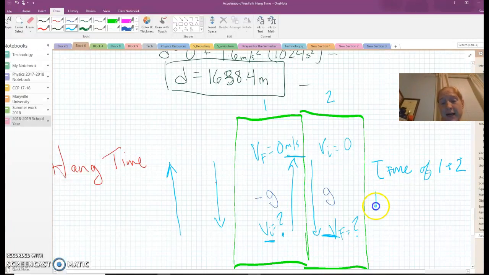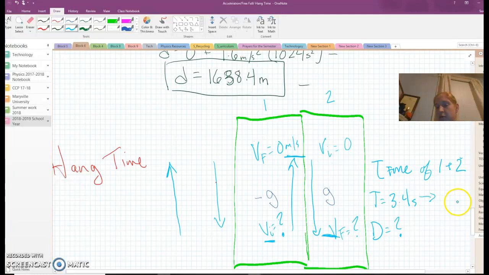So if I record a time of 3.4 seconds, you need to realize that in order to do hang time, to solve for the actual distance, if I want to know how high that rocket went, so if I want to solve for D, I have to take this time and divide it in half. So I did not give myself an easy number. Let's be lazy tonight. 3.0 sounds better.